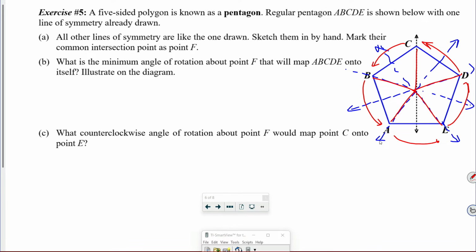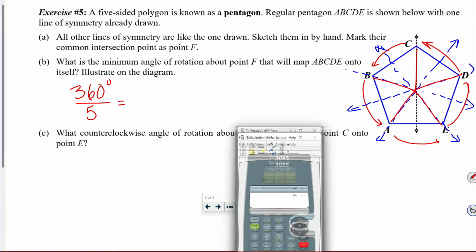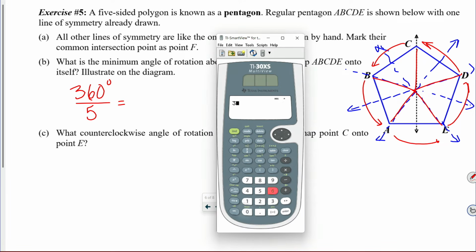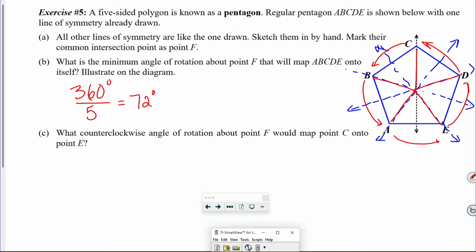So all I have to do is do 360 degrees divided by 5. Of course, that's convenient if you've got your calculator out to just do it there. If you already know it, great. That ends up being 72 degrees. So the minimum angle of rotation in order to map this figure onto itself is 72 degrees.